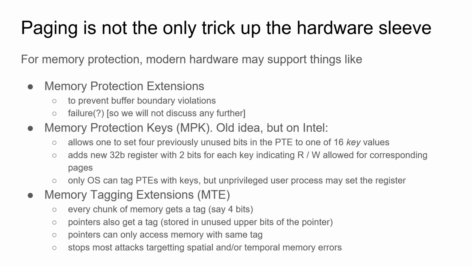Okay, and of course the page table entries can only be modified by privileged code, so code running in your kernel, say. And that means that you, as a user space process, cannot modify this. The only thing you can modify from user space code is the content of this register.